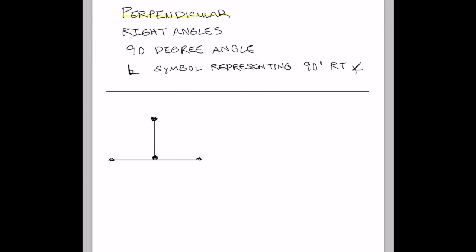Okay, so when something is defined as perpendicular, that means that they have a cross section of 90 degrees. So if we were to measure from here to here, that would be 90 degrees using our protractor.